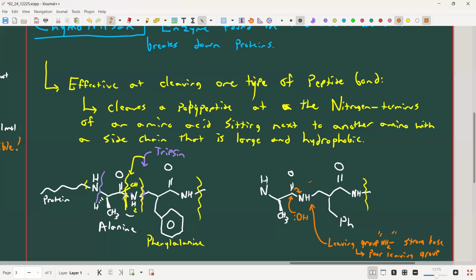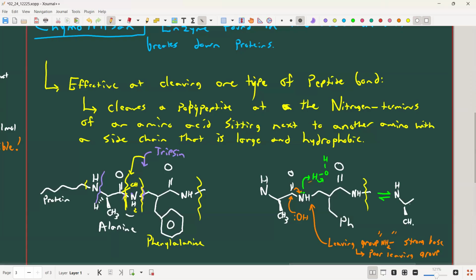So what we need to do is use the fact that this is basic and have it perform an acid-base reaction on water. What is that going to do? Well, if I draw my carbonyl, now I'm going to have NH2 here. This nitrogen has 3 bonds now, and so it has a plus charge. There's 4 bonds now.